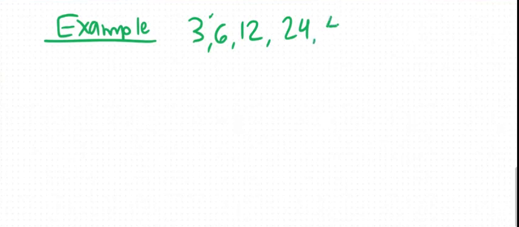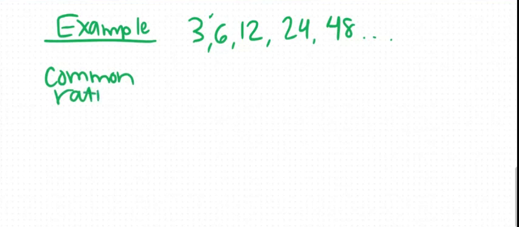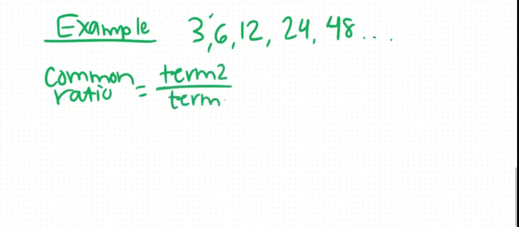So let's do an example. An example that I have for you says 3, 6, 12, 24, 48, and so on. So first I'm going to find my common ratio. So I'm going to take term 2 and divide it by term 1.